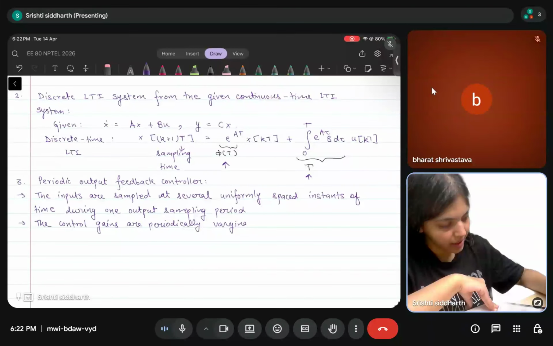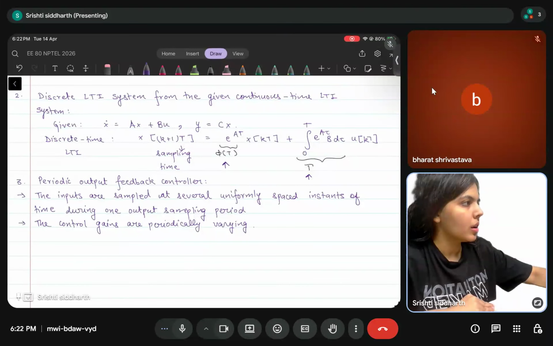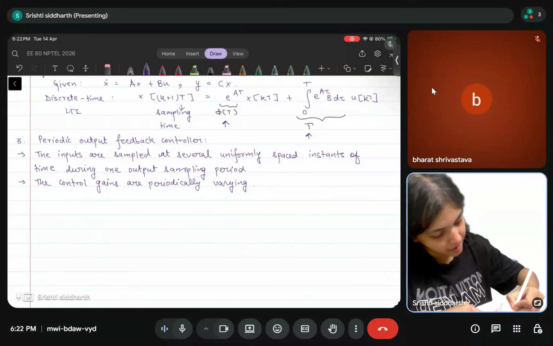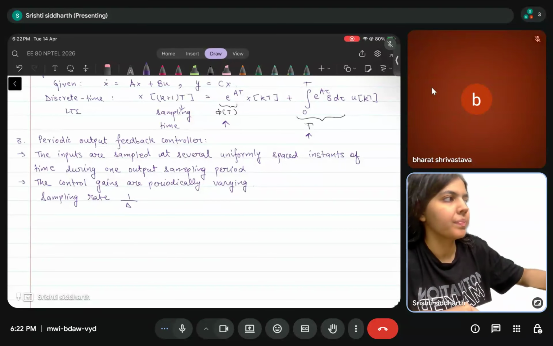So given an LTI system, we have the discrete time LTI system. Let's say that the sampling rate is 1 over delta.